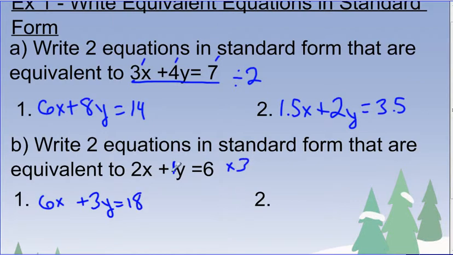So I took everything times 3. How about for the side over here, we're going to take everything times, let's pick a number, say 5. So 2 times 5 is 10x. 1 times 5 is 5y. And 6 times 5 is 30.